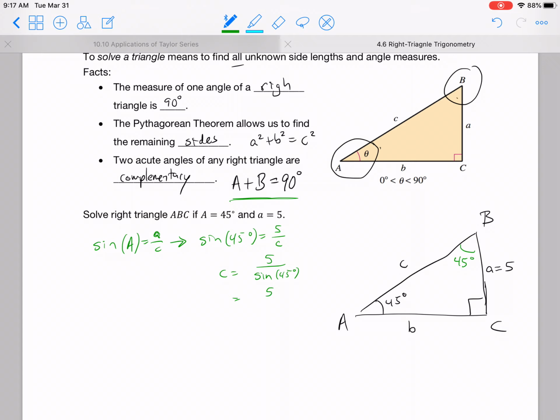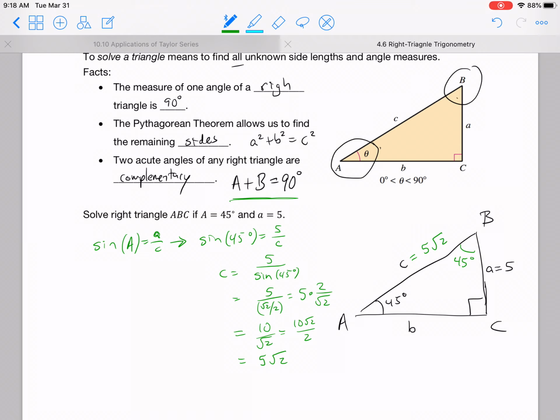So this is 5 divided by square root of 2 over 2, which makes this simply 5 times 2 over the square root of 2, which is 10 over root 2, which is 10 root 2 over 2, which is 5 times the square root of 2. So just doing some algebra there. So that means we know now that C is 5 square root of 2.